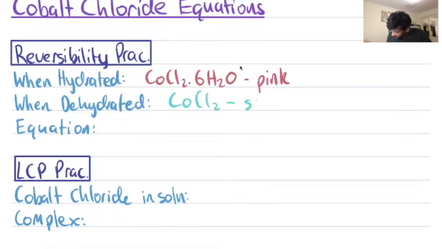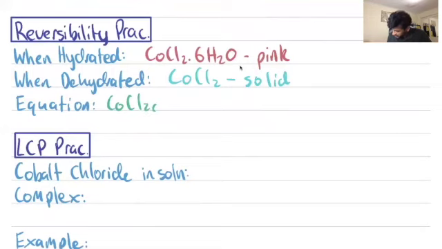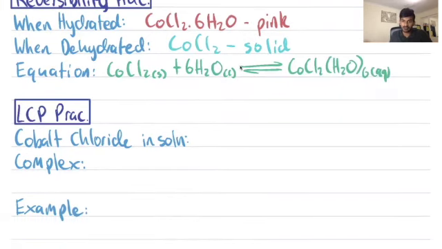So for this prac, we get the equation of CoCl2, which is solid, plus 6H2O, which is liquid, in equilibrium with CoCl2(H2O)6. Something I would point out is that when we write this equation, we oversimplify it, because the cobalt chloride is actually going to separate out and doesn't exist alongside its chloride ions.